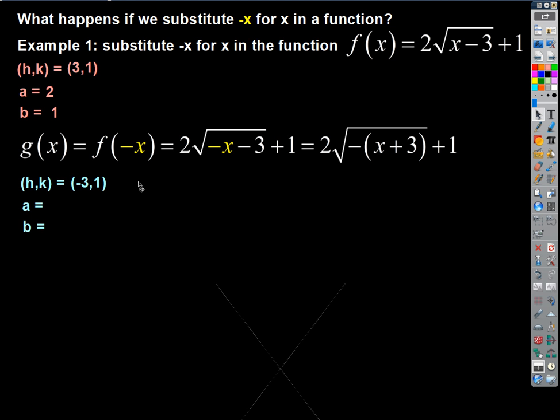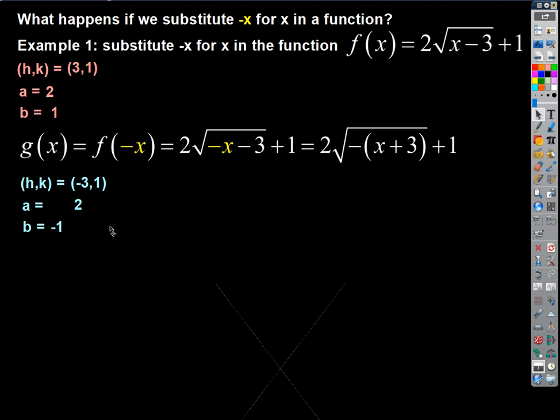What's a? 2, because that's the number out front of the function, right? Okay, what's b? -1.